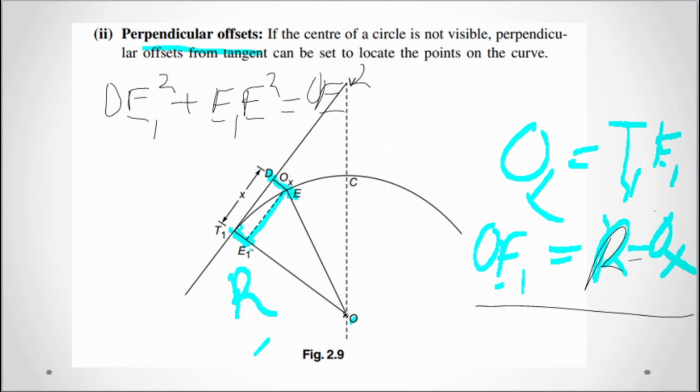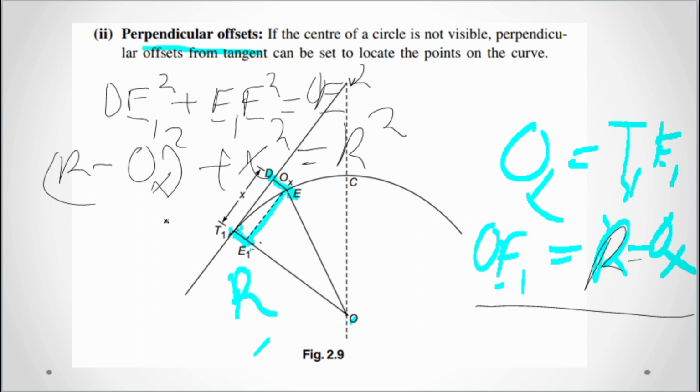R is the distance from O to T1, then I'll subtract the distance T1 to E. So this distance becomes (R minus offset X) squared, plus E1E squared, that is X squared, is equal to OE, that is R squared. So this is the equation that we are looking at.